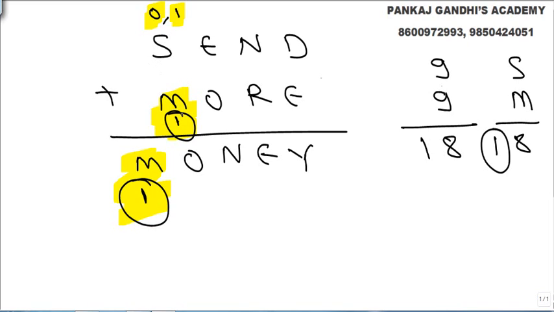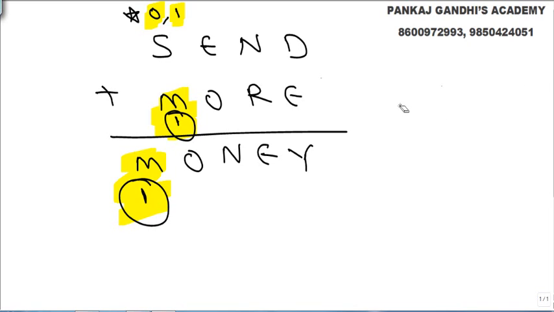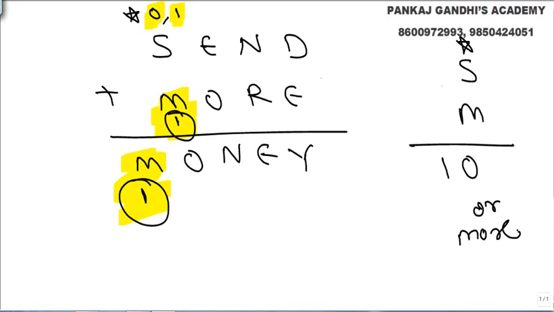Now let's check out where we get the hint from, that side we start. We know S plus M, and we'll call this carry forward star. What we know right now is S plus M plus this carry forward is 10 or more than 10.